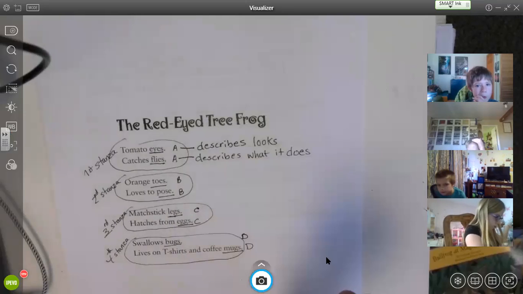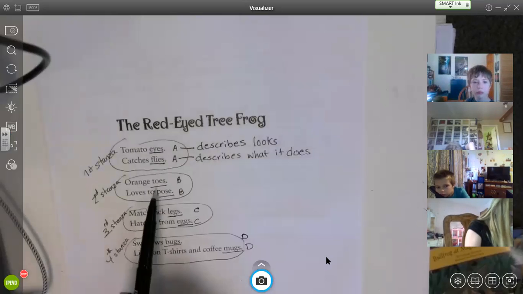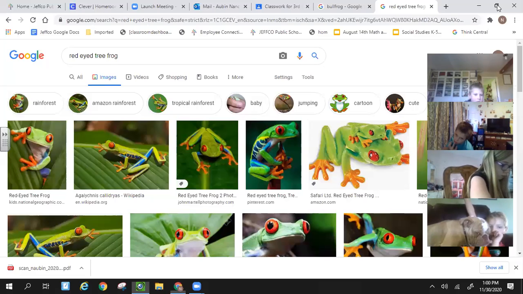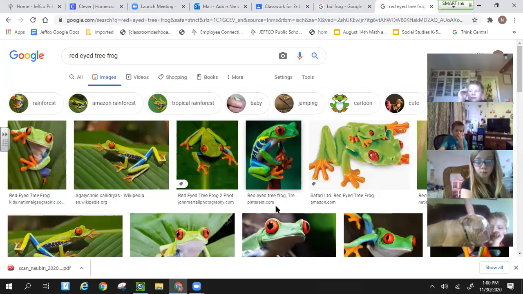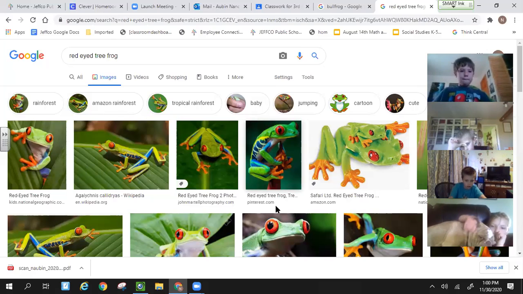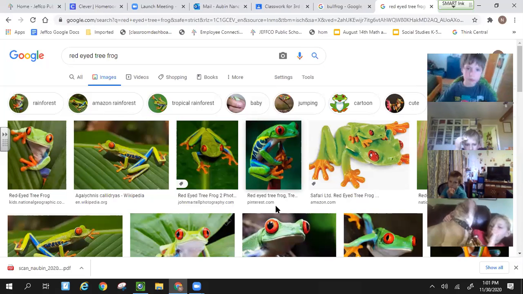All right, so look at stanza number 2, orange toes. Why do you think, Haley Booker, they said orange toes? What do you notice about the red-eyed tree frog that the poet would use orange to describe their toes? I noticed that their feet are kind of orangey, and their whole feet are orangey, so the author might describe it as orange toes.